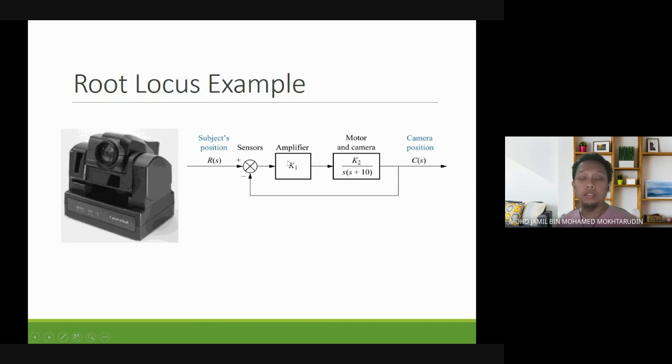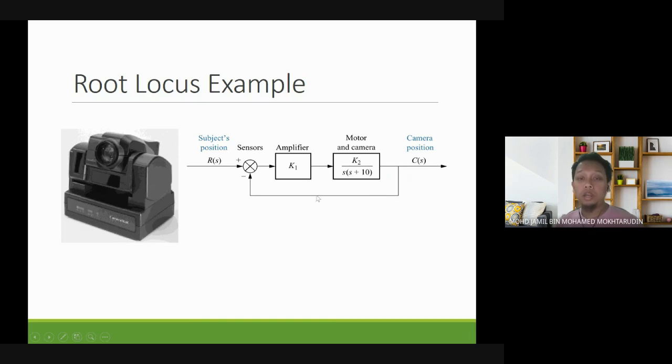There's an amplifier that will amplify the signal from the sensor. And then the motor and camera, maybe this is the transfer function they derive. This will provide the angular movement of this camera, and we want the output of the position of the camera, with a unity feedback. Okay, so a unity feedback system.